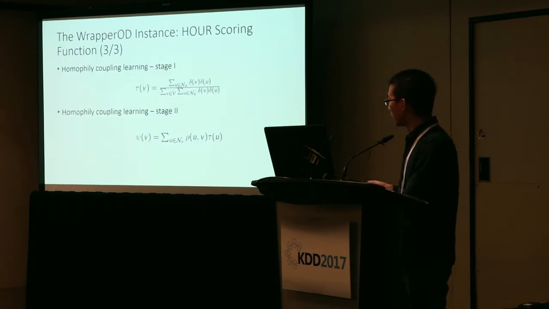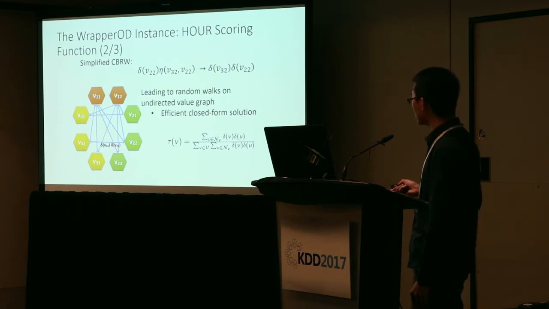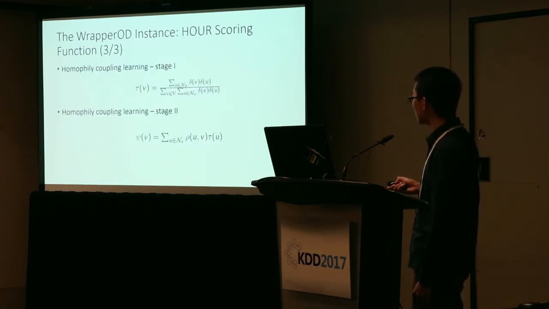This step is the first stage, to learn the homophilic couplings. The second stage uses any other method to further estimate the value outlierness.